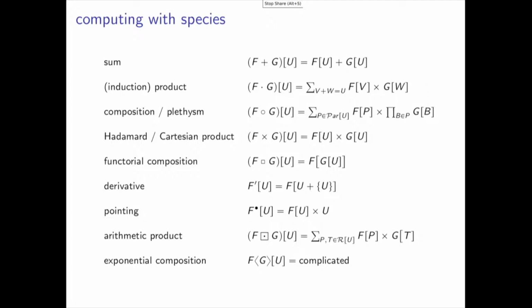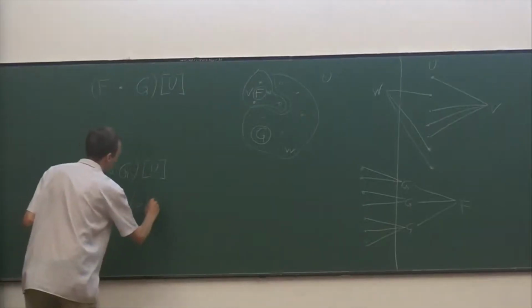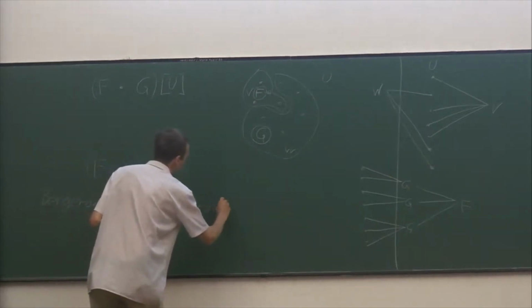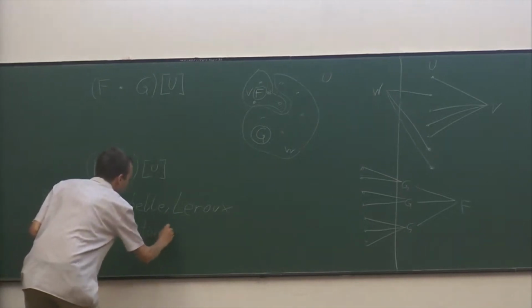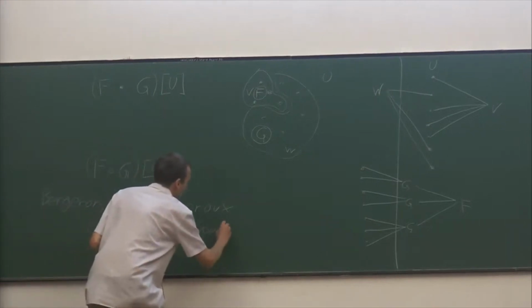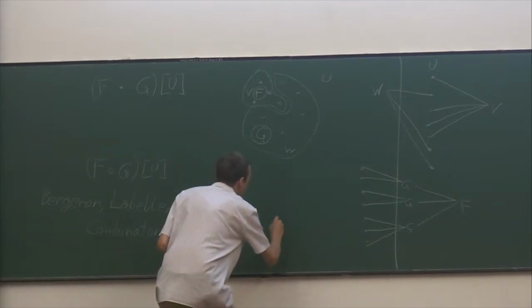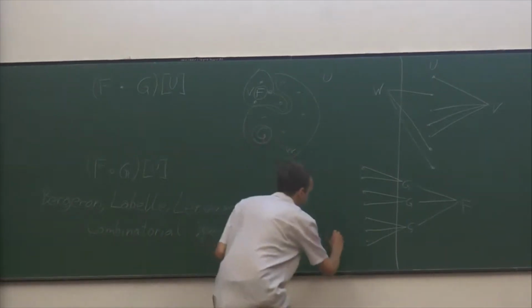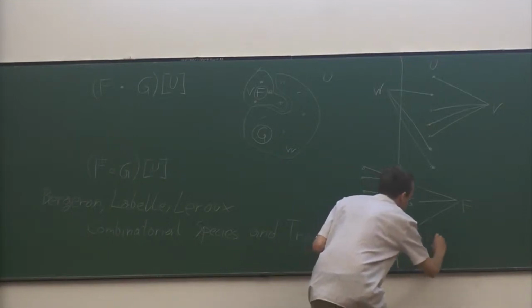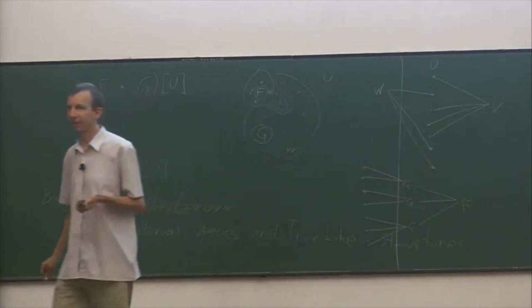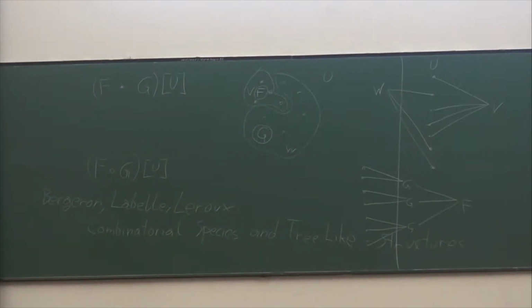So these pictures are... I should have said there is a very nice book by Bergeron, Labelle and Leroux, Combinatorial Species and Tree-like Structures, where you find zillions of examples and pictures. Okay.